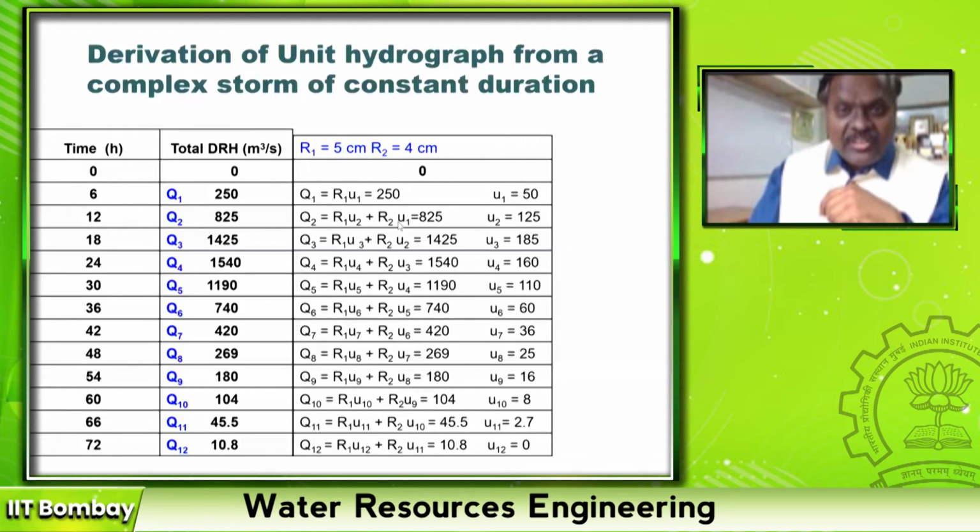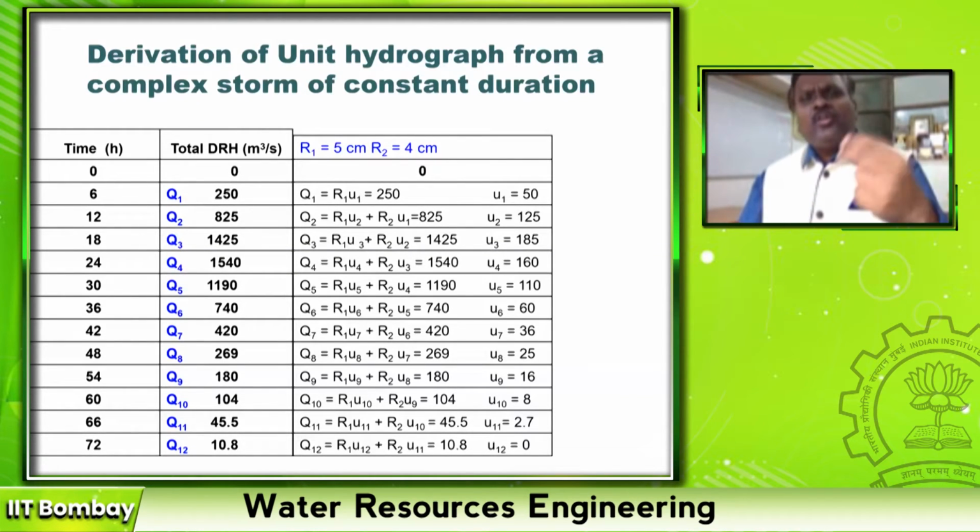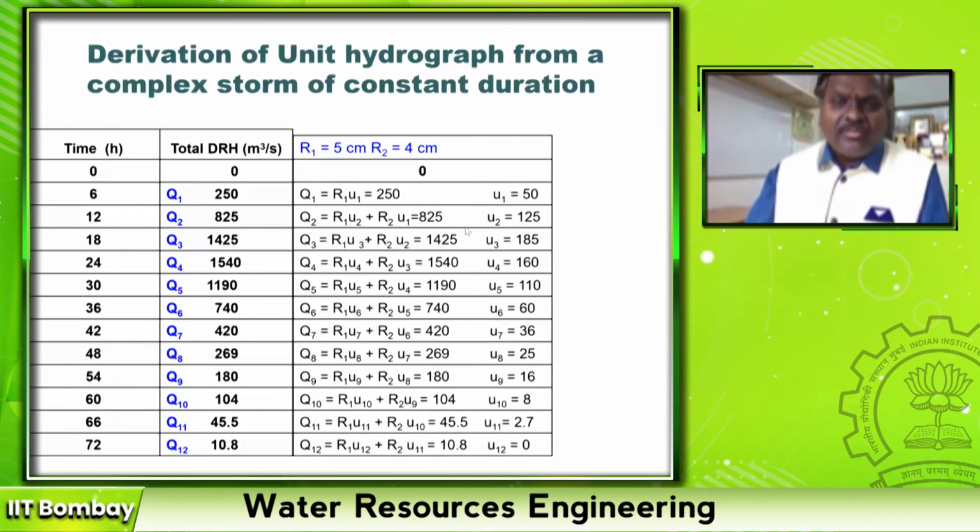In the second equation I know R1 and R2, and from the previous one I found U1, so the only unknown is U2, since the discharge is also known. By substituting the previously estimated value in the next equation, you go on estimating the values of U1, U2, U3, which are called the ordinates of the unit hydrograph.